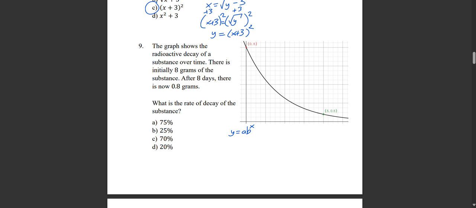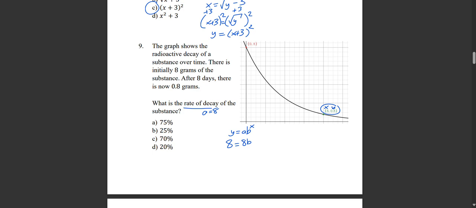So we've got to think about what we know here. We know the initial amount because we started with 8 grams of the substance. So I can put in 8. I do not know the growth or decay factor, so I'm going to leave that b. And then this other piece of information, I can plug in and solve, right? I know for 8 days there was 0.8 grams. So I'm going to plug those in for x and y.